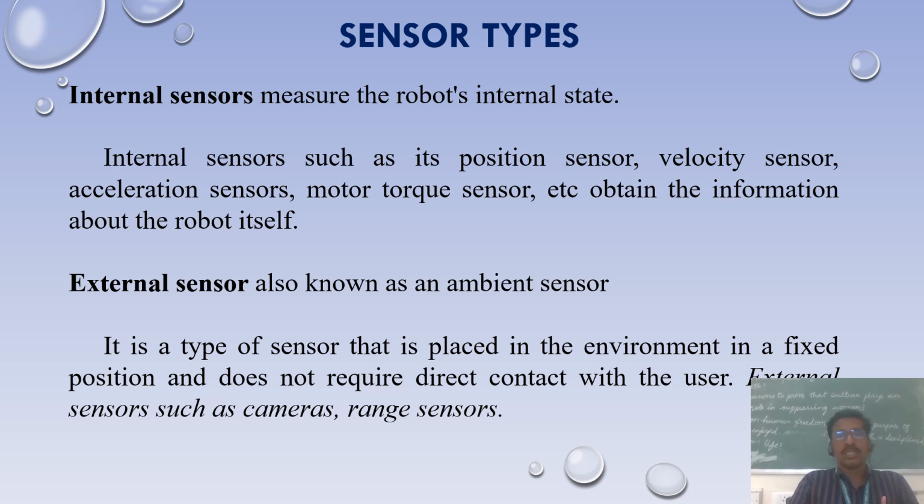So the data are fetched by the sensors and transmitted to the robotic system. There we have storage devices to store the received data. So these are the two important kinds of sensors available with the robot. One is the internal sensor that senses the robot itself, and the external sensor senses data from the external environment.